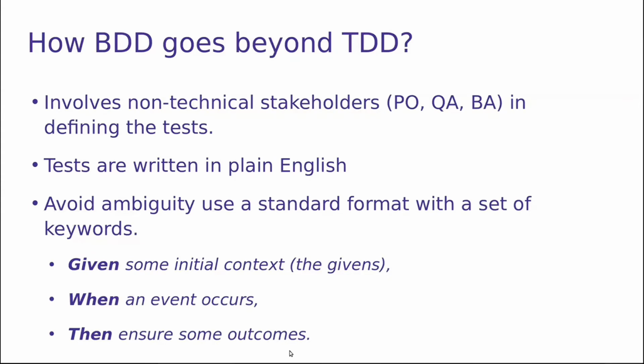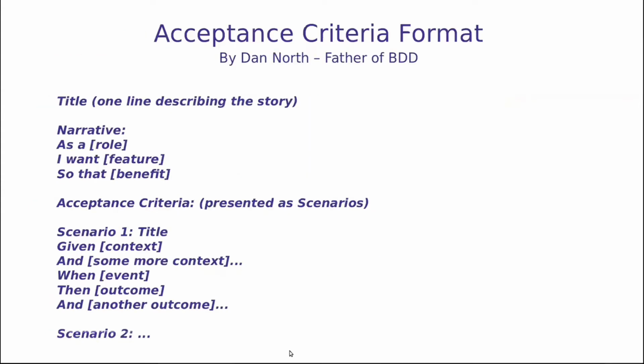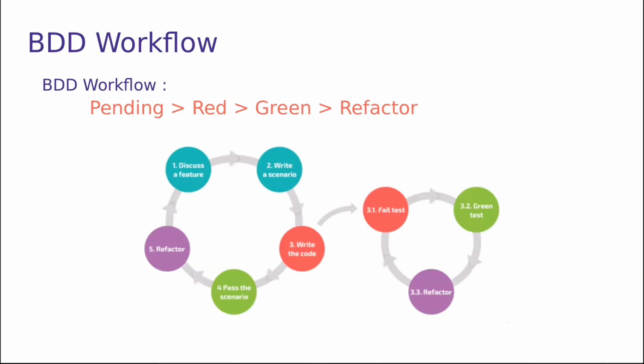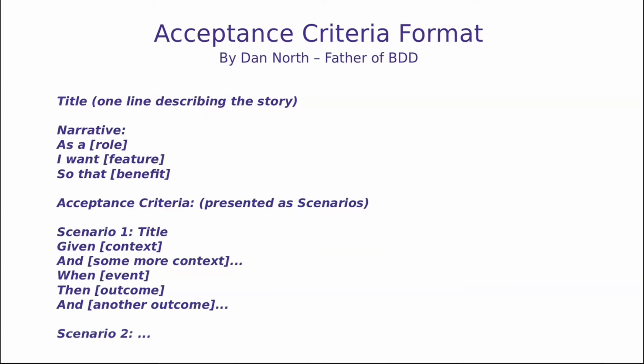Actually, Dan North suggested that ideally an acceptance criteria should also be presented in the form of scenarios, where a particular scenario is given one or more contexts, when a particular event occurs, what would be the outcome? Let's move on. I'll come back to this and see how we would use this in the hands-on session.